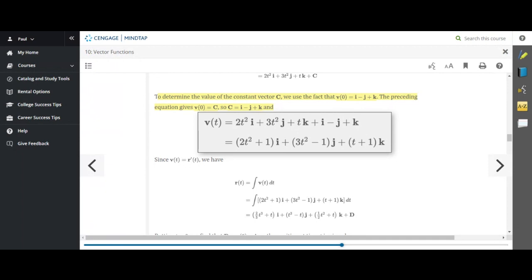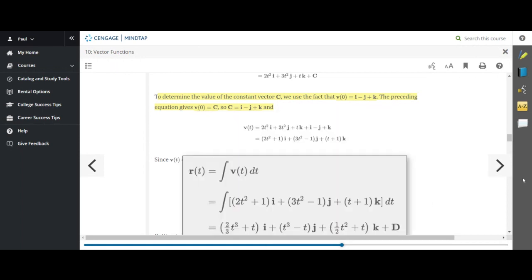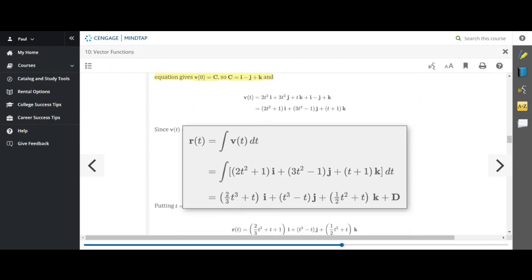Now I've got to get position, so I have to integrate the velocity. And we're doing a similar process. We integrate the velocity function component by component. And we get a constant of integration, which is that vector d.